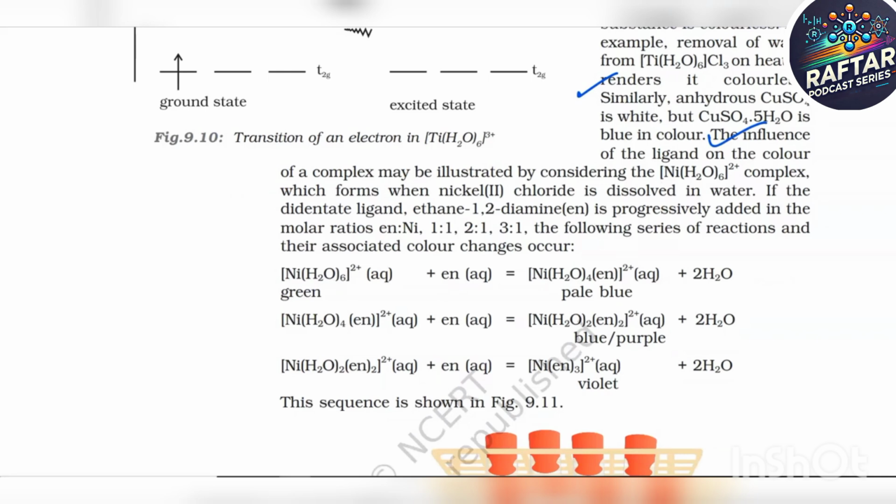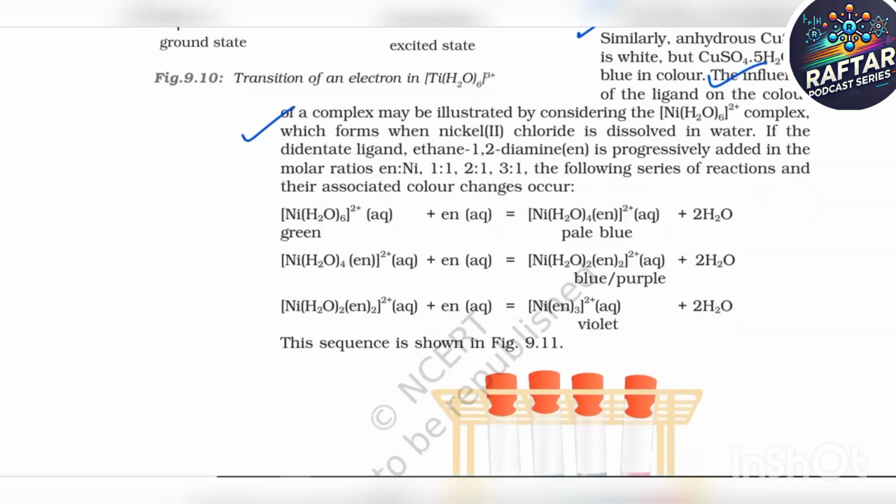The influence of the ligand on the color of a complex may be illustrated by considering the [Ni(H2O)6]2+ complex, which forms when nickel(II) chloride is dissolved in water. If the bidentate ligand ethane-1,2-diamine, en, is progressively added in the molar ratios Ni to en of 1:1, 2:1, 3:1, the following series of reactions and their associated color changes occur.